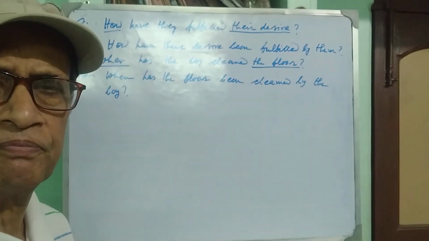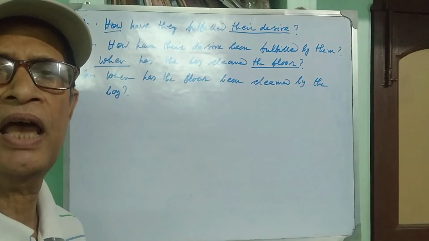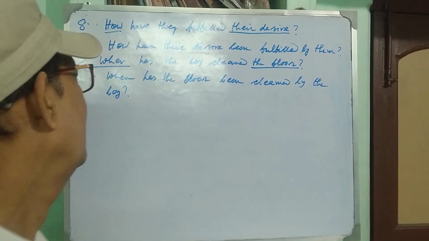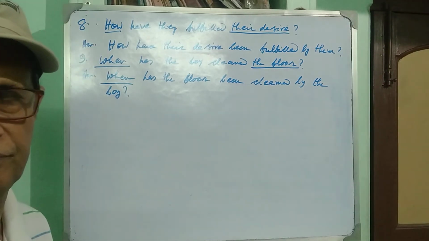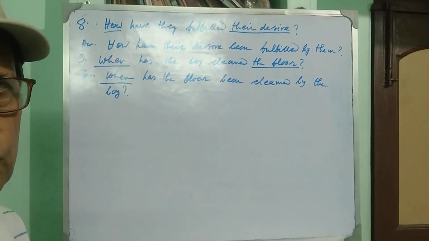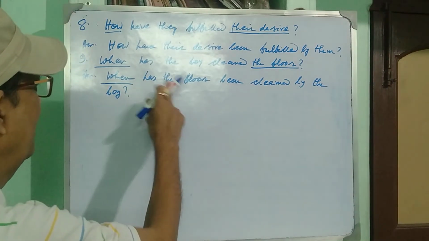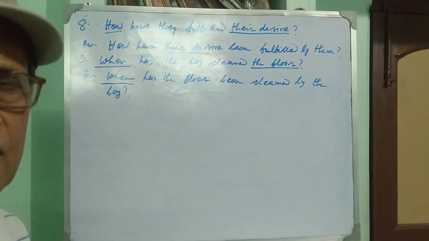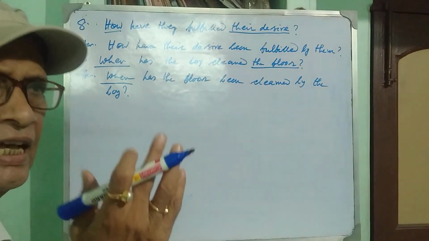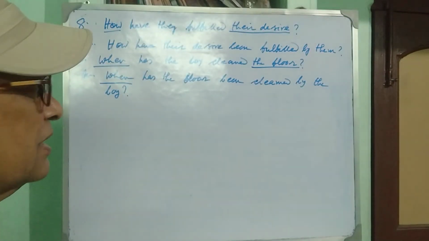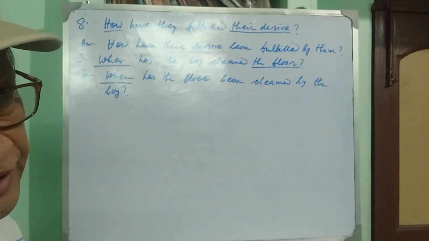And when changing an interrogative sentence from active to passive voice, you will have to keep the WH word in the same place, and then has or have, plus the subject, plus been.